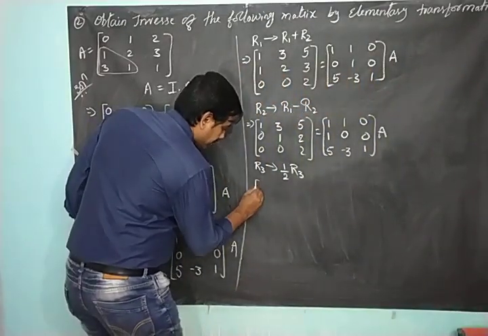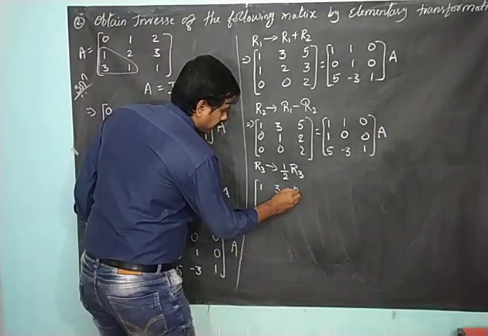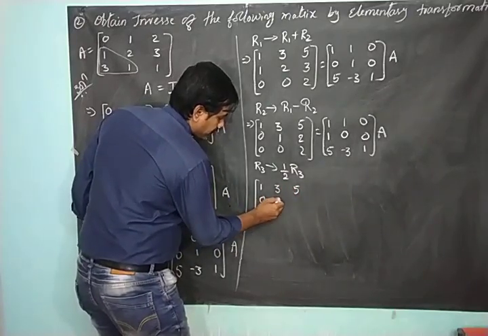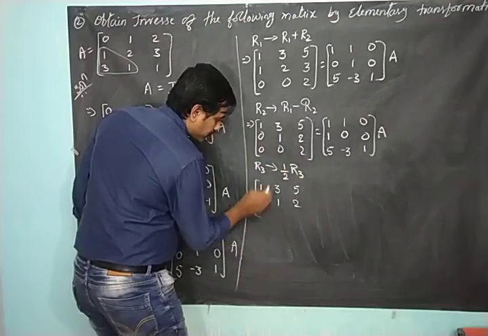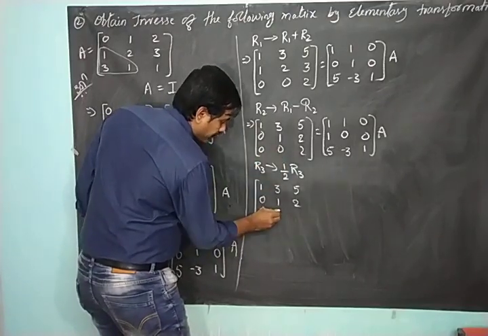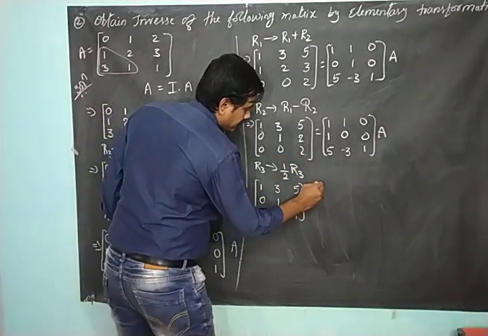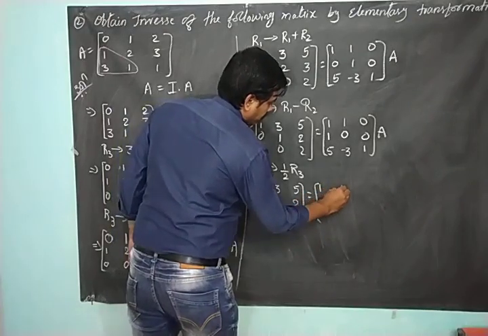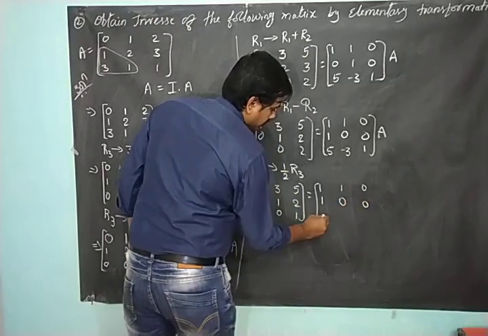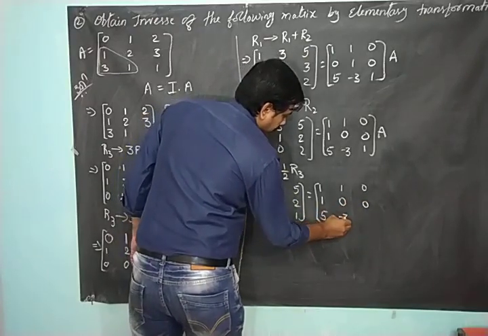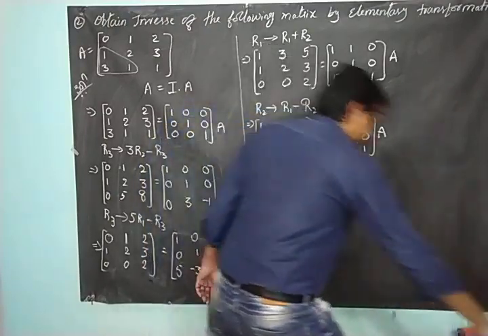So what happens here? 1, 3, 5, 0, 1, 2. 1 upon 2 into 0 is 0. 1 upon 2 into 0 is 0. 1 upon 2 into 2 is 1. 1, 1, 0, 1, 0, 0, 5 minus 3, 1, sorry, not 5 minus 3, 1.